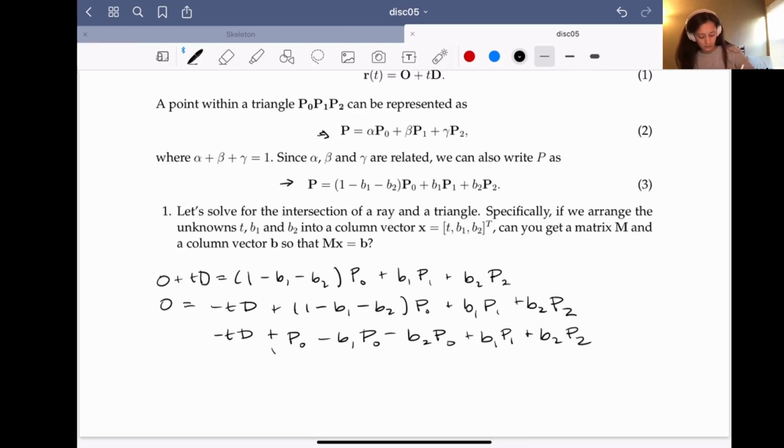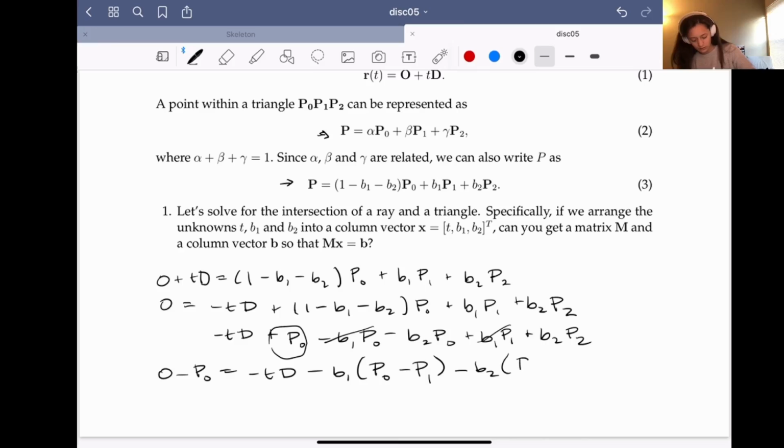Okay, and we're going to move this over since it doesn't have any unknowns. And for the rest of this, we're going to combine anything that has b1 multiplied by it. So minus b1, what has b1 would be p0 and p1. So that's these two here. And then we have b2, that's p0, p2.